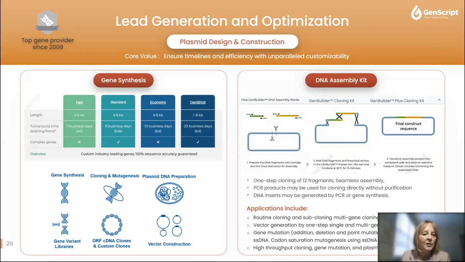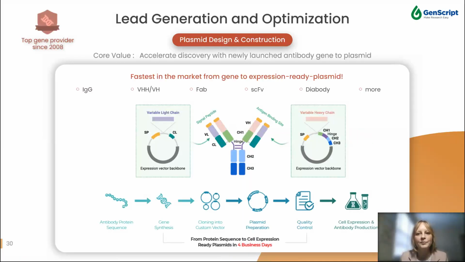To expedite the process of DNA assembly and cloning, we do have a DNA assembly kit, and this kit employs a user-friendly one-step method that allows you to rapidly construct complex DNA libraries or variants for lead optimization. New to our gene synthesis services is our antibody gene to plasmid package.